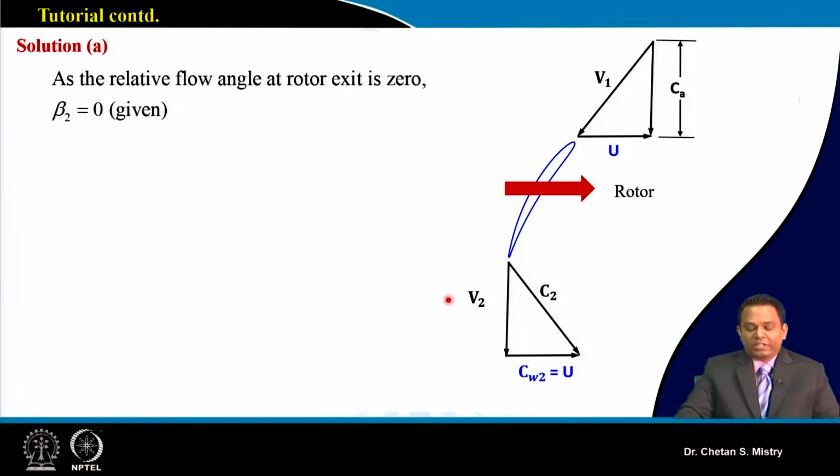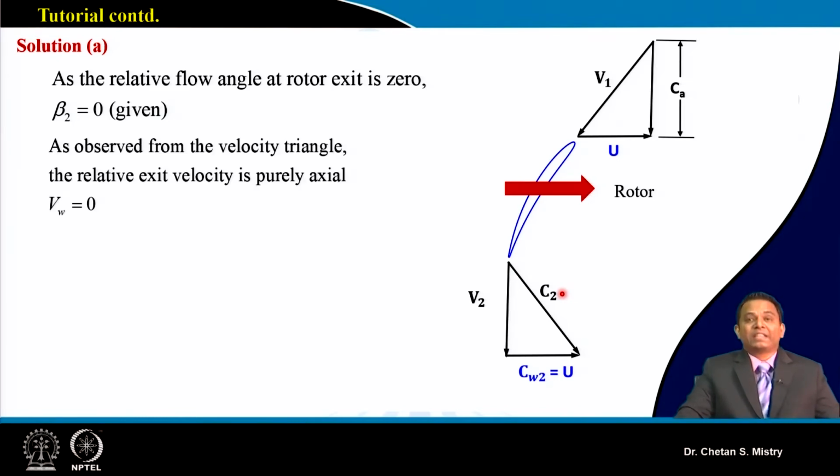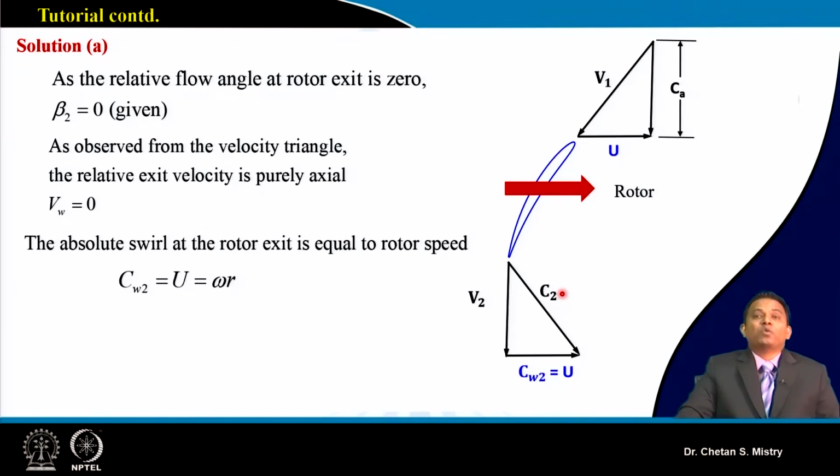So you can say this is my V2, this will be my CW2, that is equal to peripheral speed u, and this is my absolute velocity. Now, since my beta 2 is given as 0, I can say my CW2 is equal to my peripheral speed.